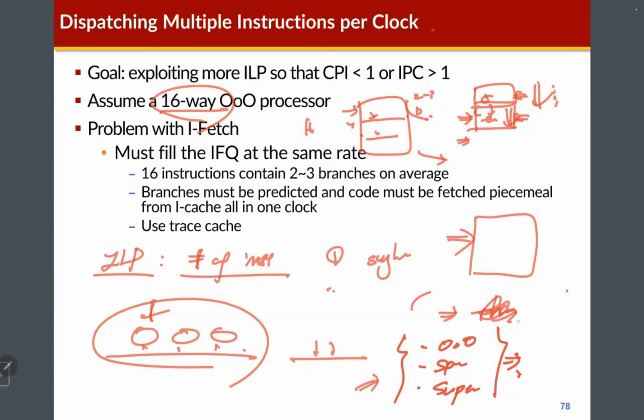After the early 2000s, we can apply the multi-core architecture, which exploits thread level parallelism. Also multi-threading, like hyper-threading, can improve the thread level parallelism.